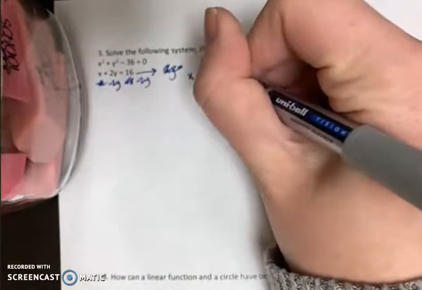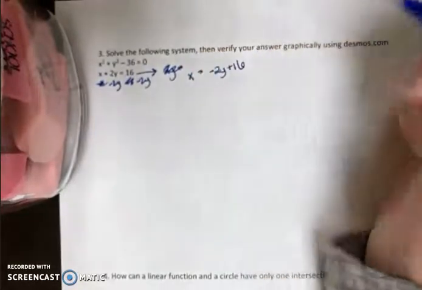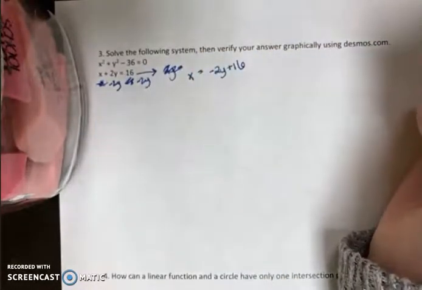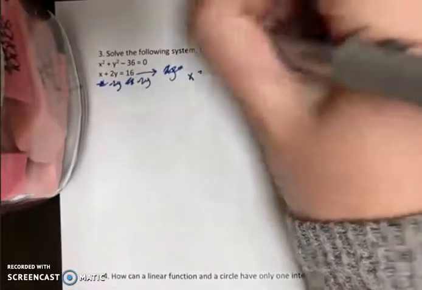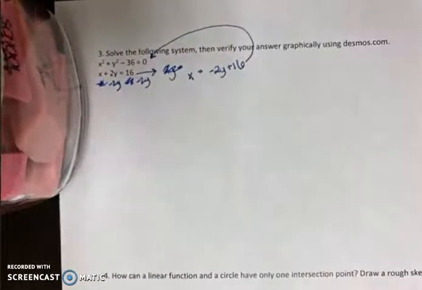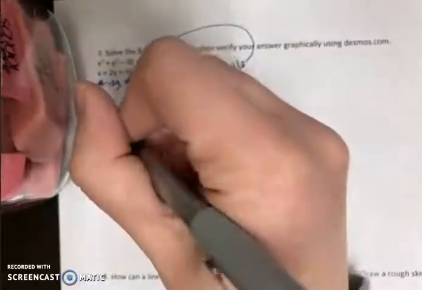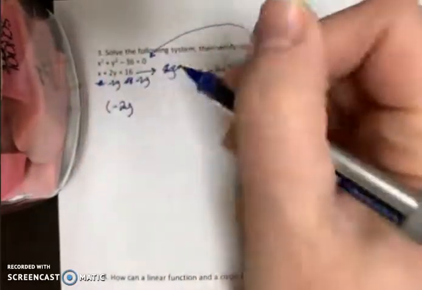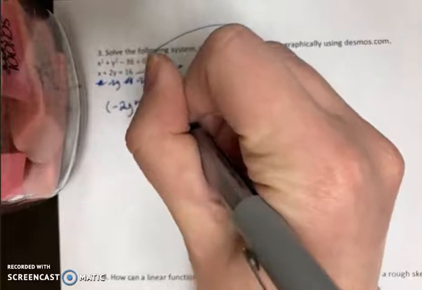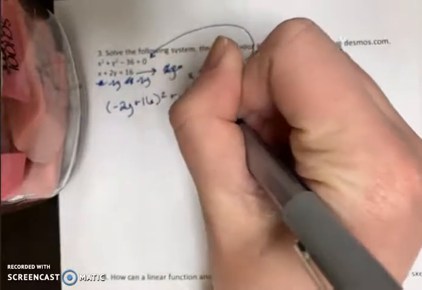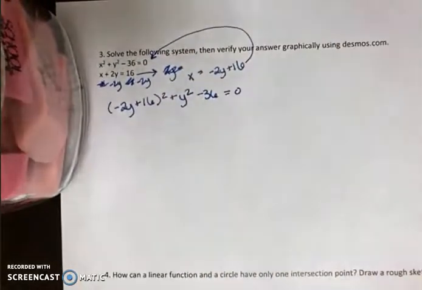So -2y plus 16. Using this, I'm going to plug it into my first equation. So I'm replacing x with (-2y plus 16) squared plus y squared minus 36 equals 0.